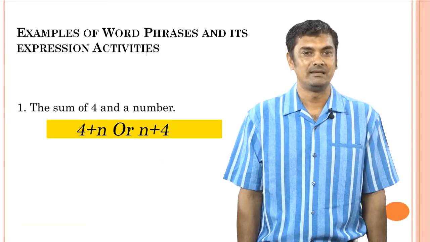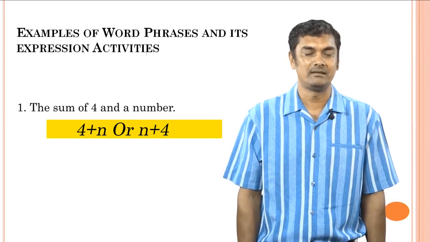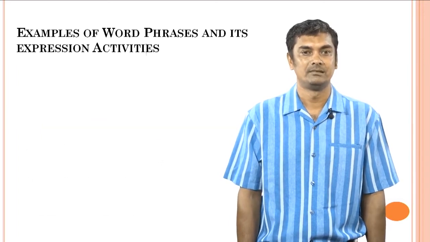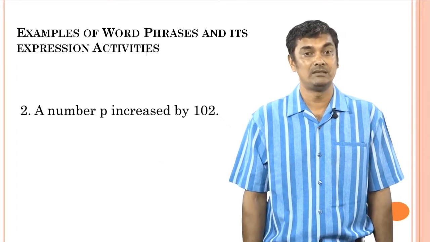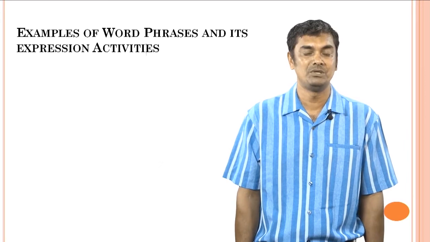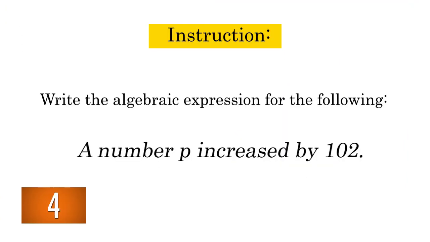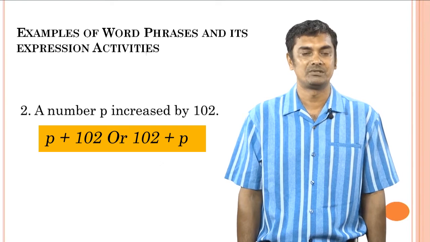And you should be writing 4 plus n or n plus 4. Excellent. Let us try another example. A number p increased by 102. Key term there, increased by, so we should know what mathematical symbol we should be using there. Precisely, p plus 102 or 102 plus p.